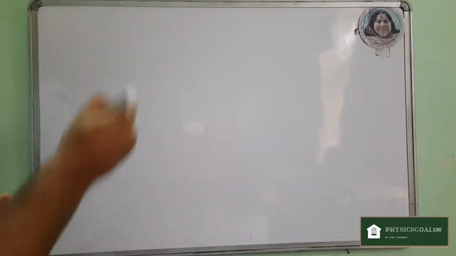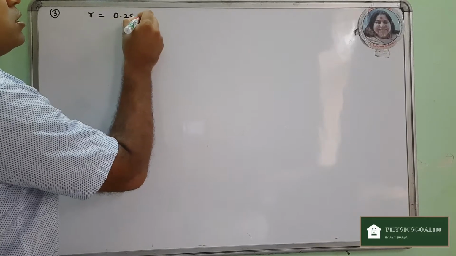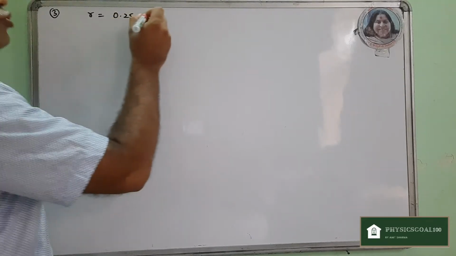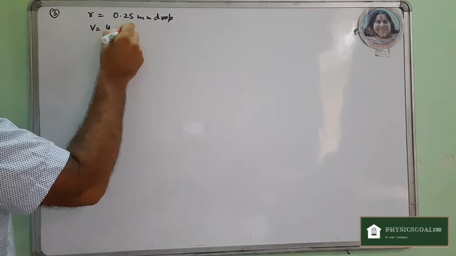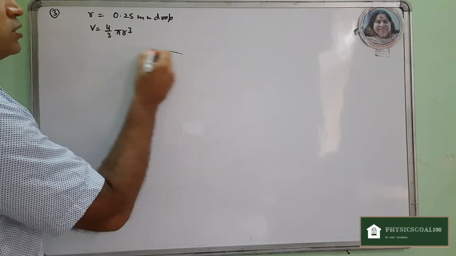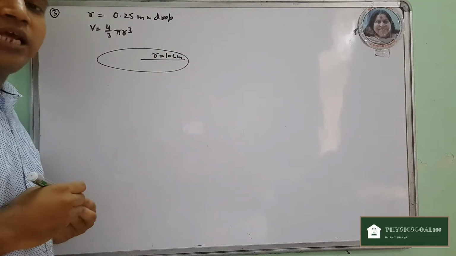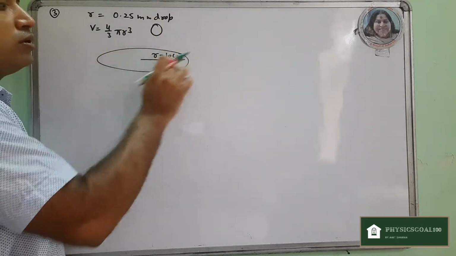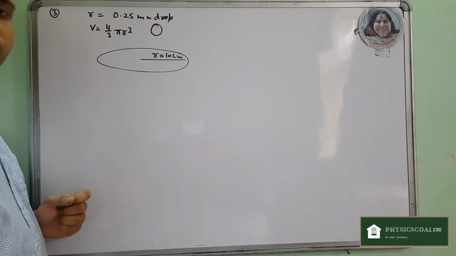See, he is saying that a 0.25 millimeter olive oil drop, whose volume is 4 by 3 pi small r cube, is spread on the circular film of radius 10 centimeter, and if we assume that only a single layer of this drop is spread on the total area, then we have to find the thickness of the olive oil drop.